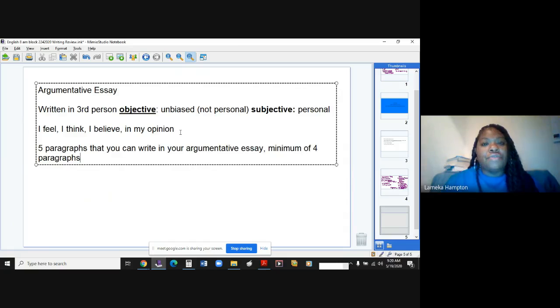And then your final paragraph discusses the overview of your essay. So that's the reason why I said minimum of 4. That's only if you are having to write a compare-contrast essay. But normally, more than most times, you have to write a bare minimum of 5 paragraphs, okay?